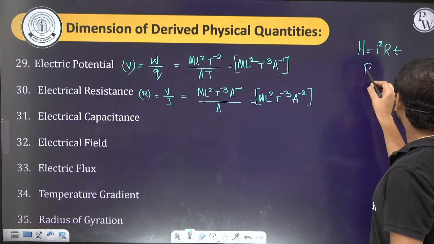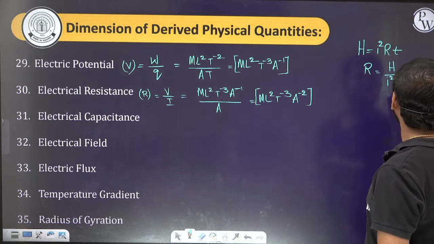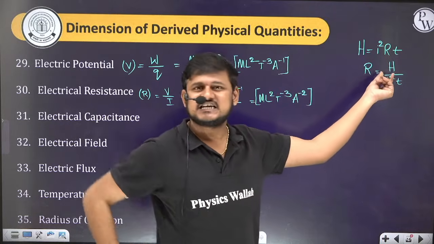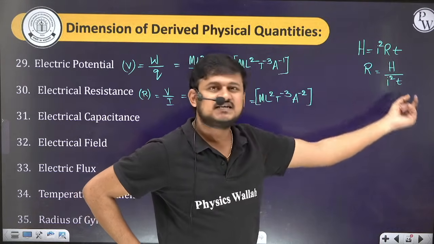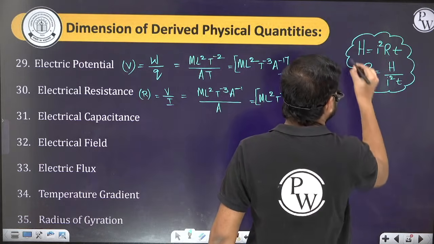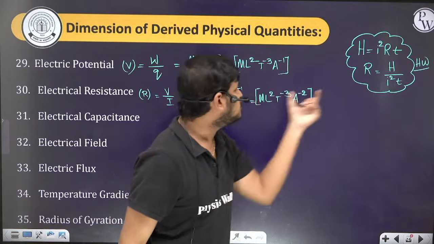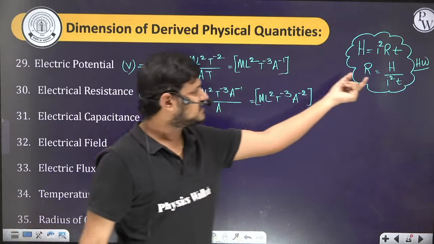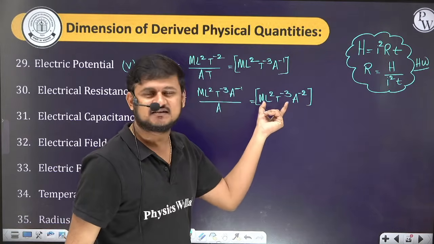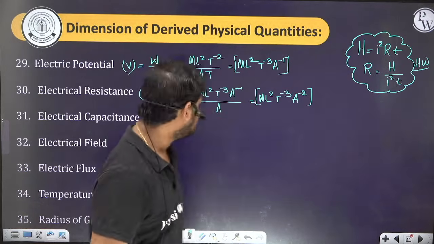From there, the resistance R is equal to H by I square T. Here you know the dimensions of every term: H is the heat, I is the current, T is the time. From this, derive the resistance dimensional formula. Take that as homework. You should get the same thing. I should see it in the comments: sir, I got the same answer. If you are not getting it, you are doing something wrong. So do that on your own.